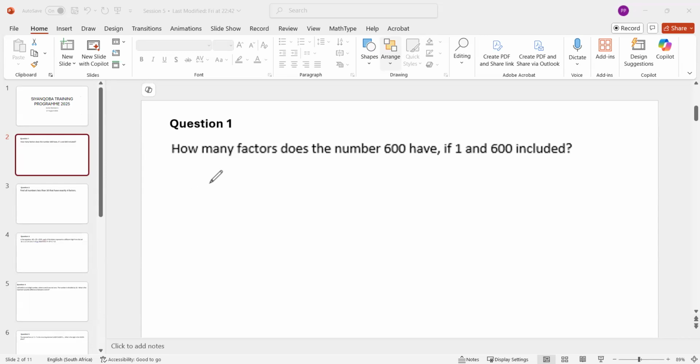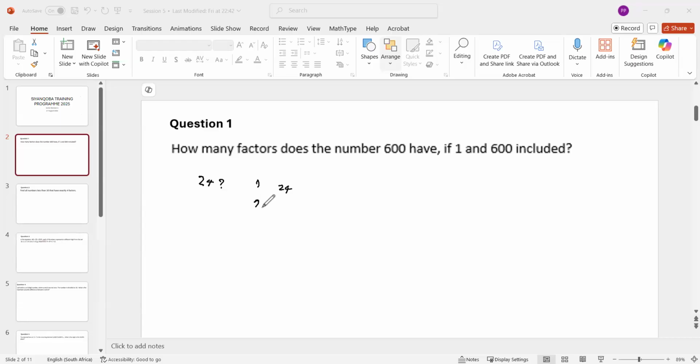Actually, let's take a simple example. Suppose I ask you, how many factors does the number 24 have? Right. I can write down the factors. It's 1 and 24. You're allowed to include 1 and the full number.